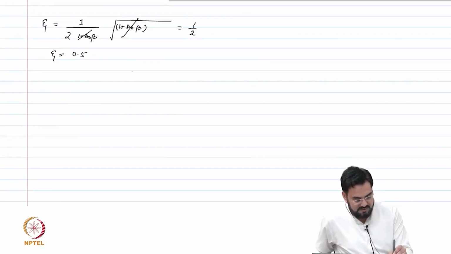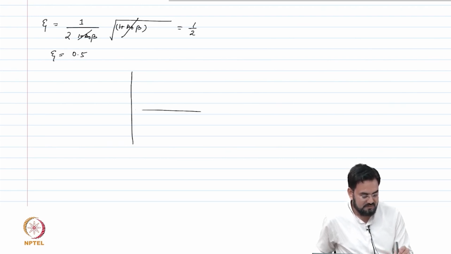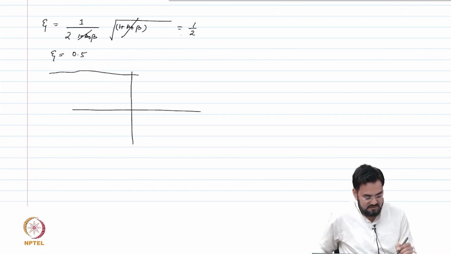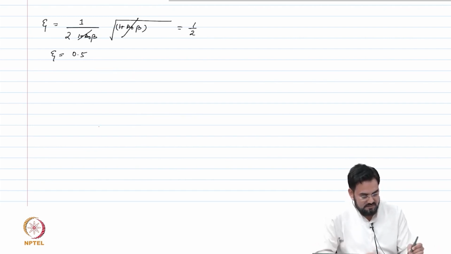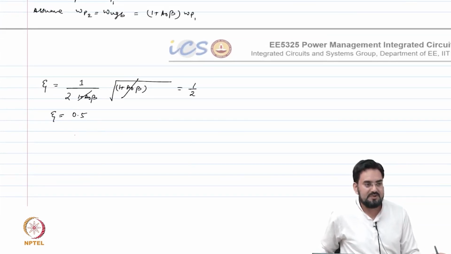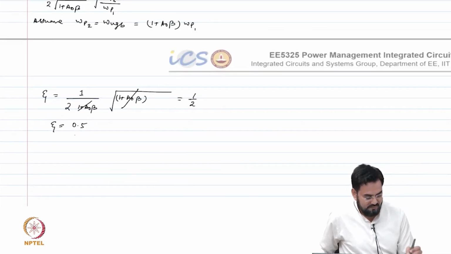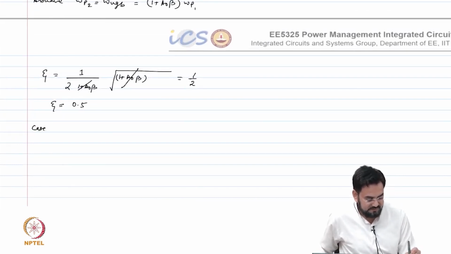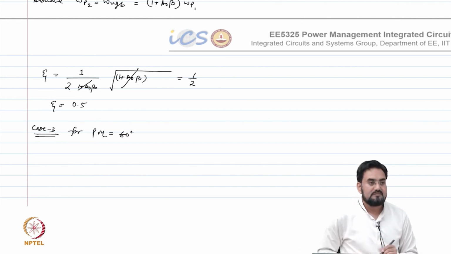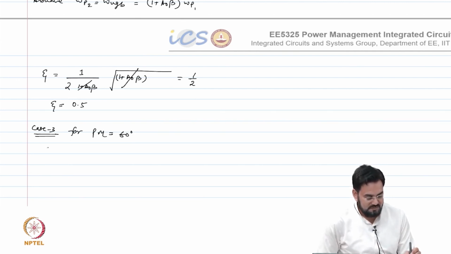So, now if I have to draw this, let us take one more case. So, for 60 degree phase margin, can you tell me the relationship between omega p1 and omega p2? Case 3. So what is phase margin?